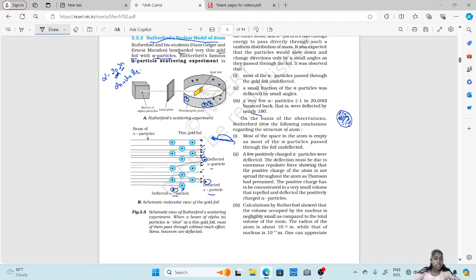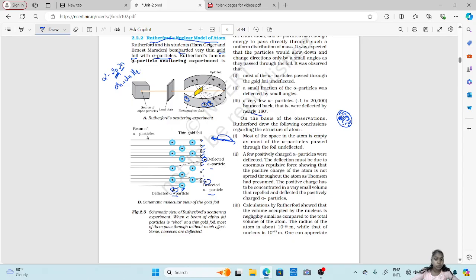The positive charge has to be concentrated in a very small volume that repelled and deflected the positively charged alpha particles. So wherever this deflection is seen, at that particular place the protons are present. So those are not evenly spread, those are segregated at a point.